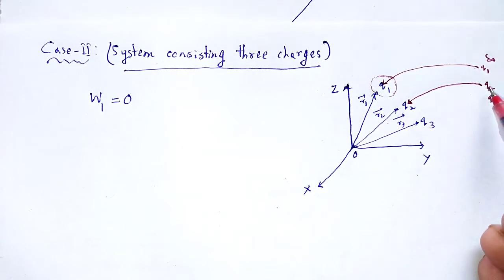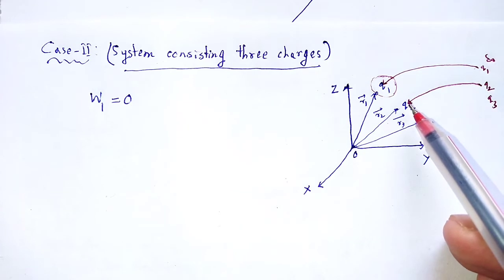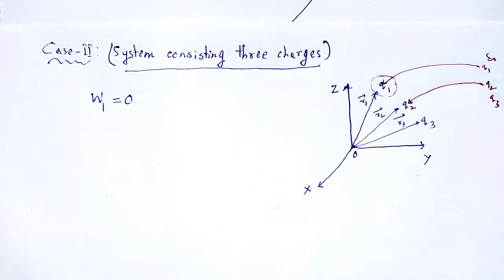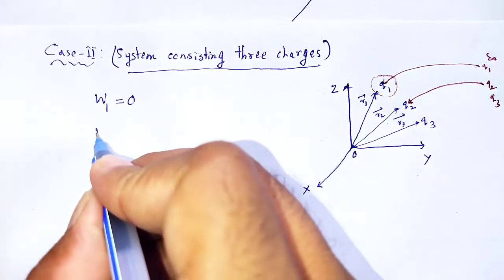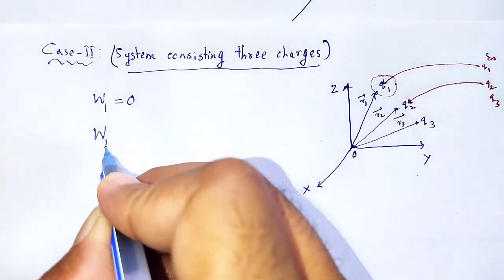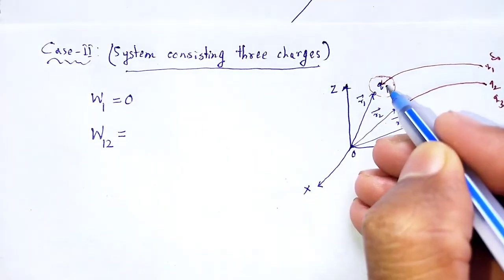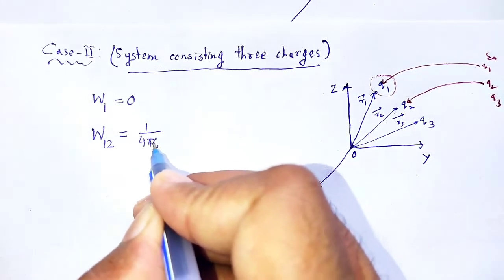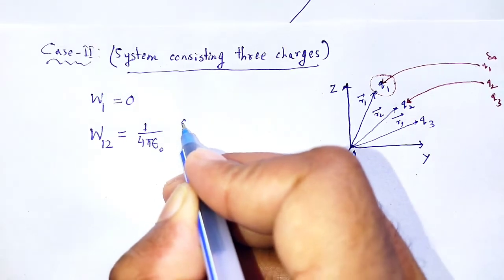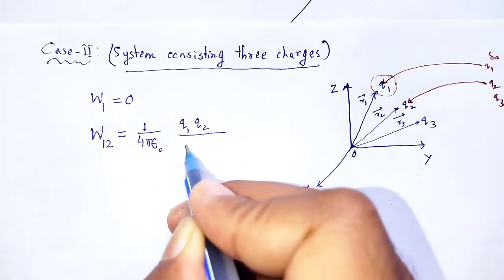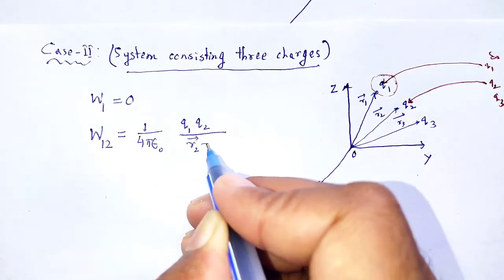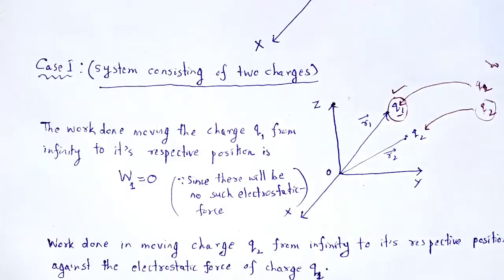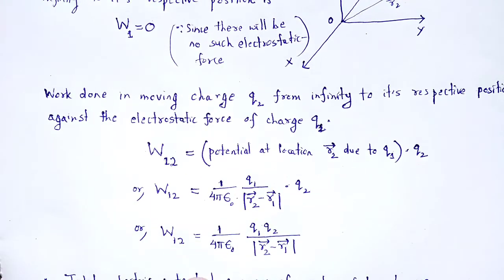Bringing the charge Q2 from infinity to its respective location, that is the R2 vector, the work done W12 due to the charge Q1 is 1 by 4 pi epsilon naught Q1 Q2 divided by the magnitude of R2 vector minus R1 vector, as we discussed in the previous case.